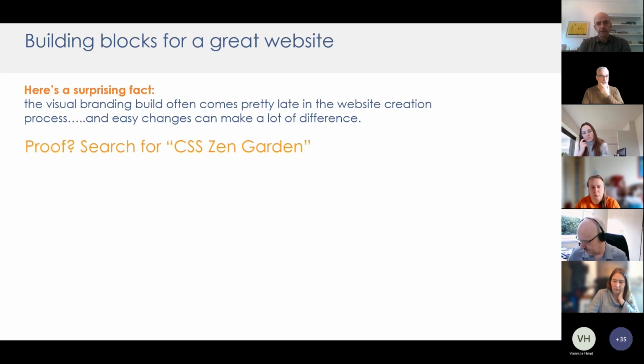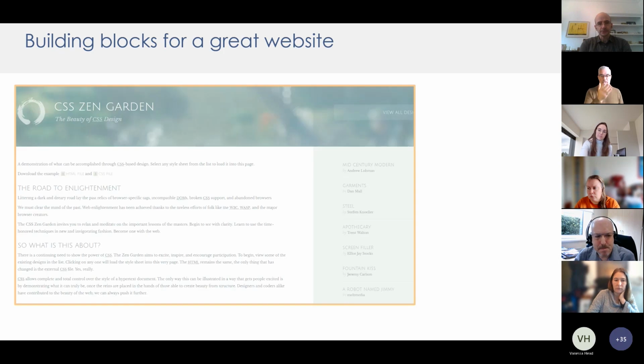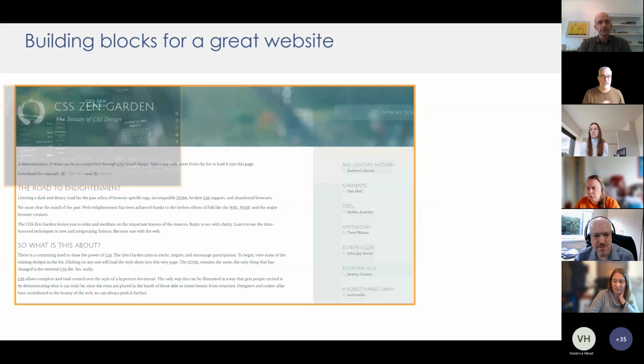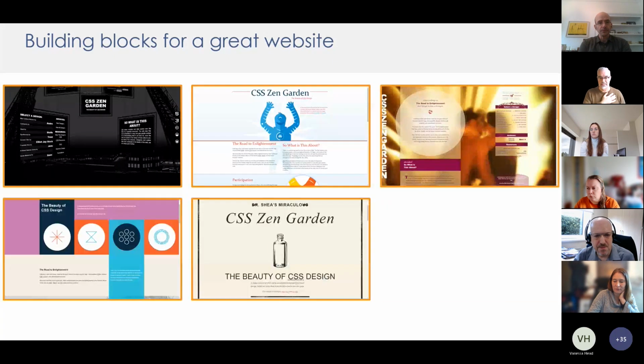So if you want an example, and you can all go and do this after the webinar, obviously not now, if you search for CSS Zen Garden on Google or your favorite browser, then what you'll get to is a website which looks a little bit like this. So this is a style that's very, very relaxed. But down the right-hand side, you'll see that there are some hyperlinks. And if you click on those, you'll get to these sites.